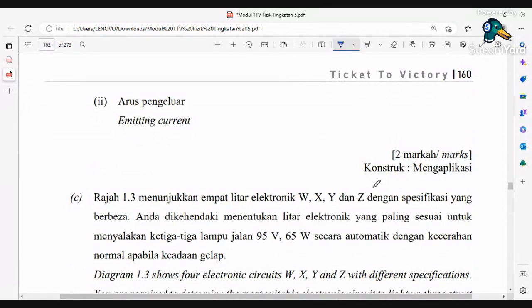Okay, emitting current IE equals to IB plus IC.